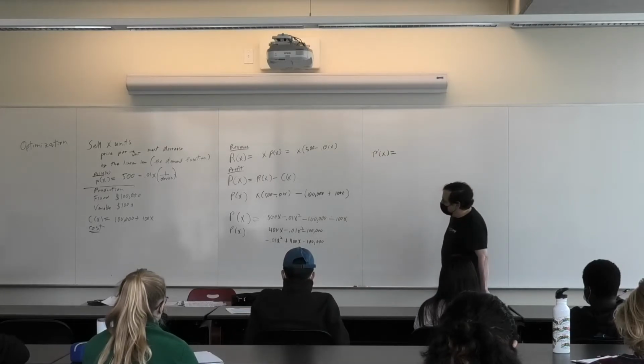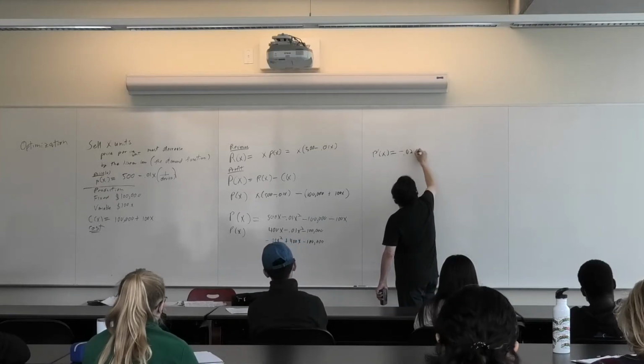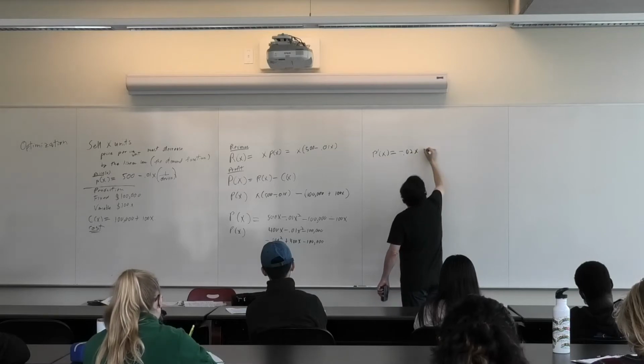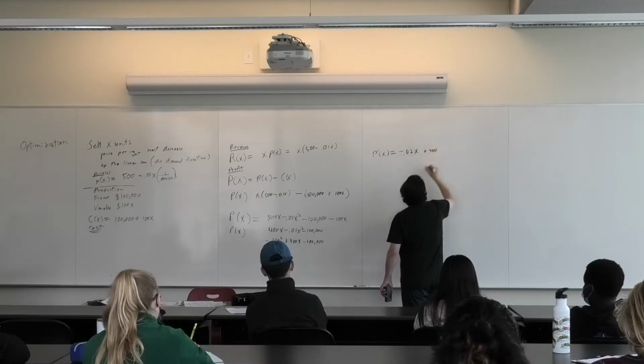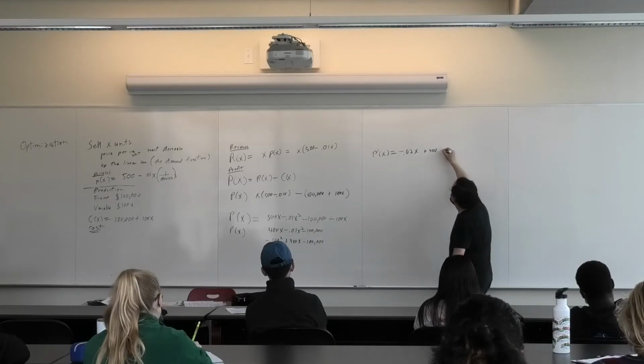So the derivative I get is negative 0.02x plus 400, and I want to set that to 0.